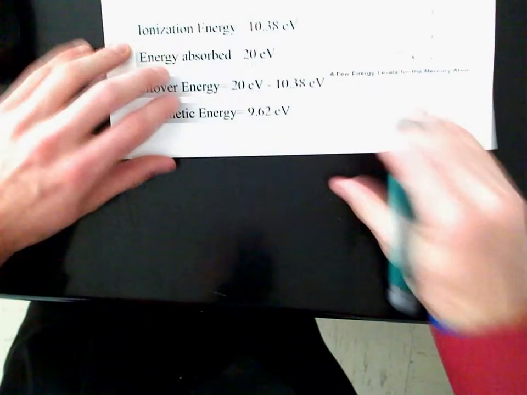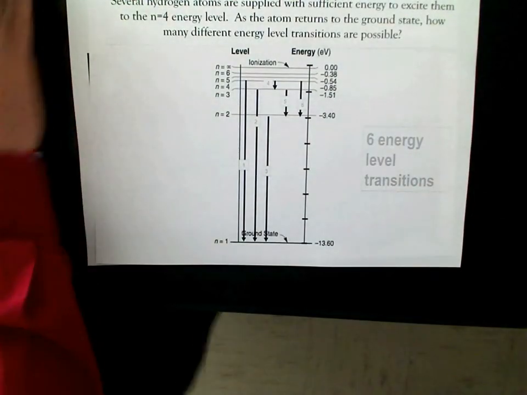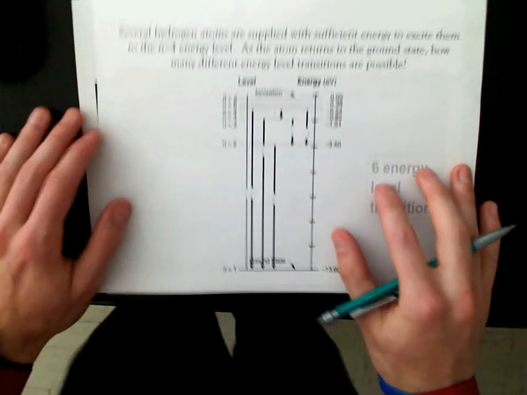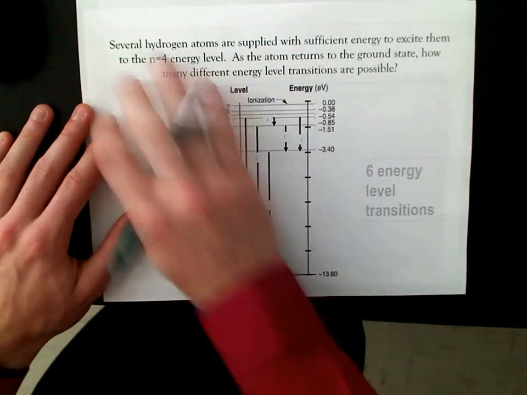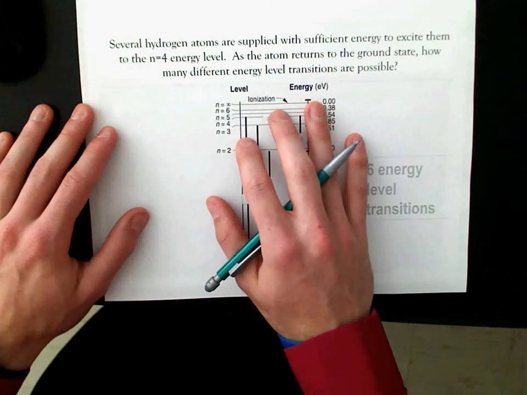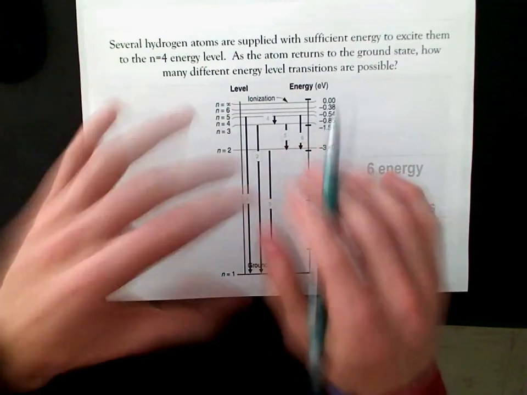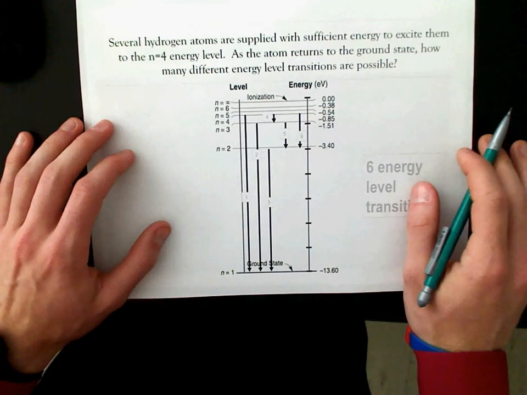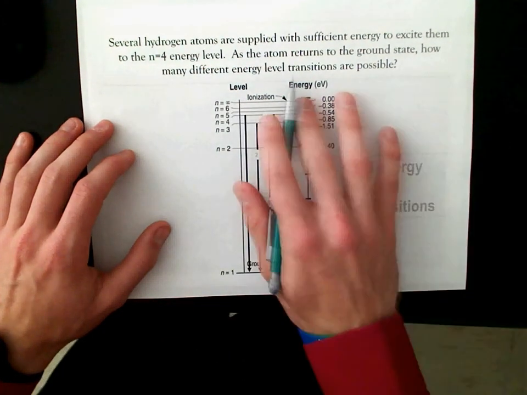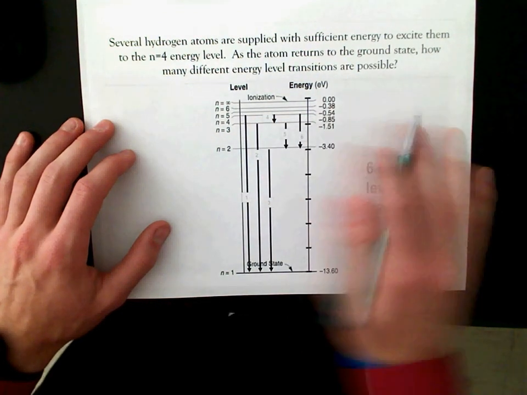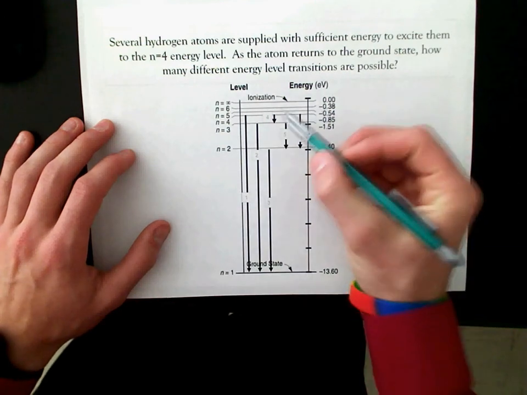Okay. So we excite a hydrogen atom, and we excite it with enough energy to get a whole bunch of little atoms up to the n equals 4 state. How many possible energy transitions are there? Well, we're at 4, we can go from 4 to 3, from 4 to 2, from 4 to 1.